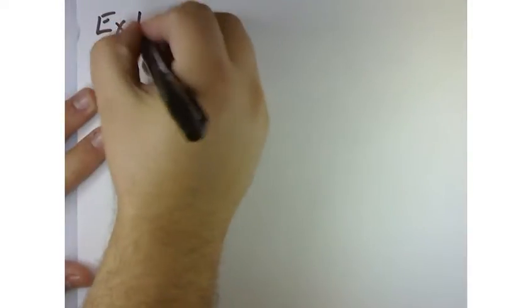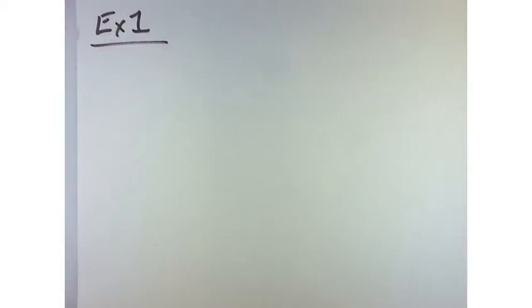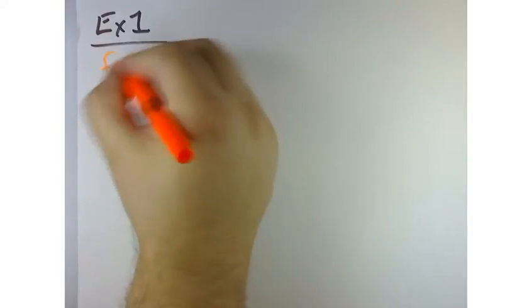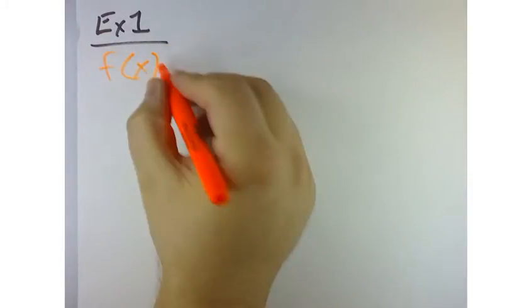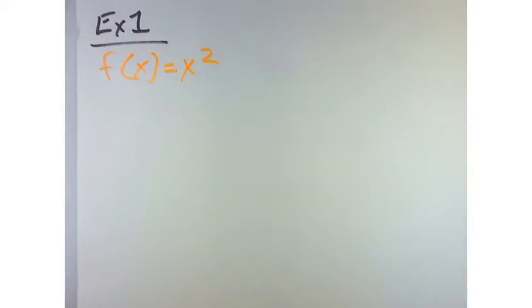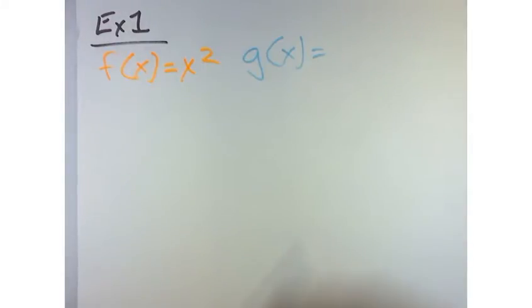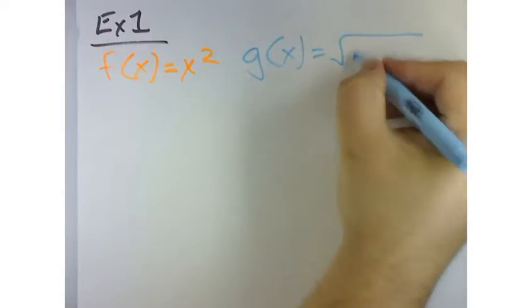For example number 1, we're given two functions. I'm going to write these in different colors so we can keep track of what's going on. So let f of x, can you see that okay? F of x equals x squared, and let g of x equal the square root of x plus 1.